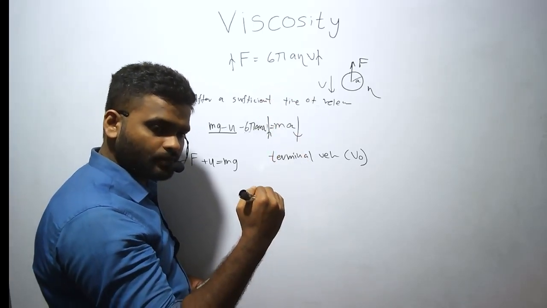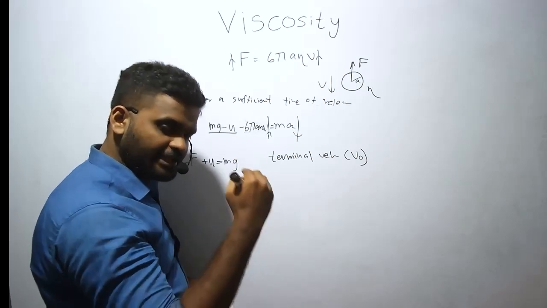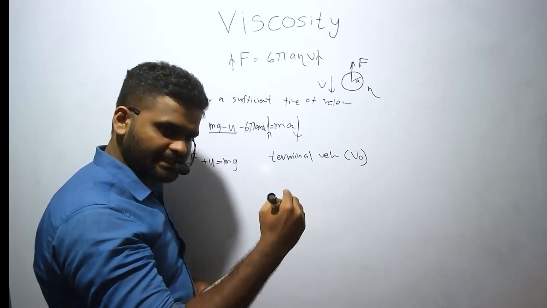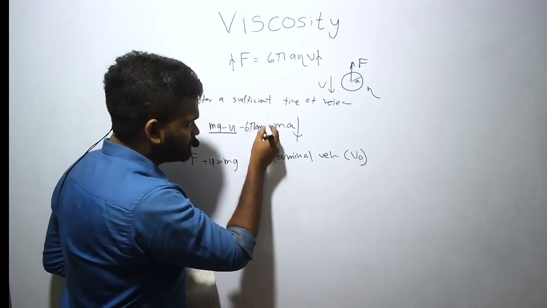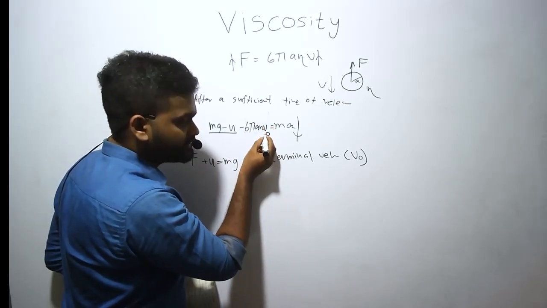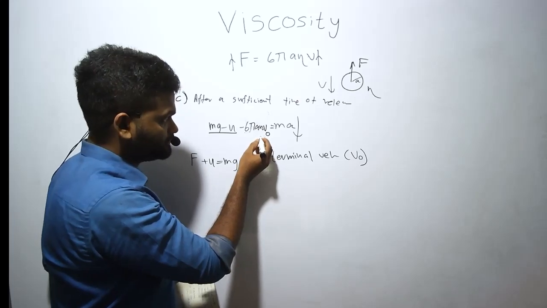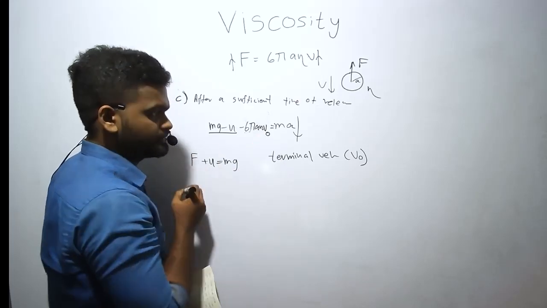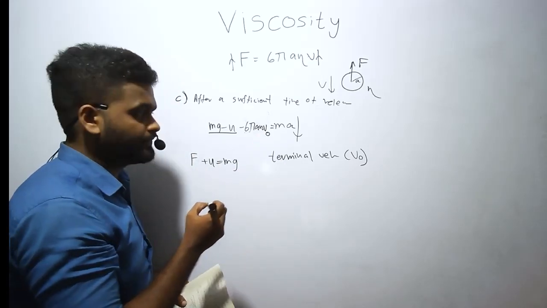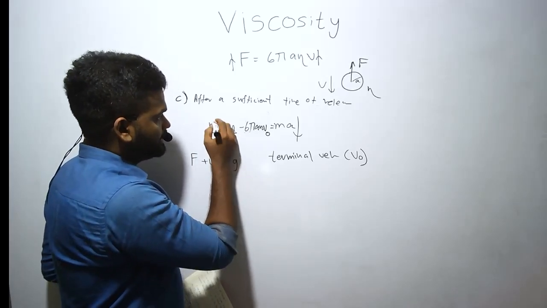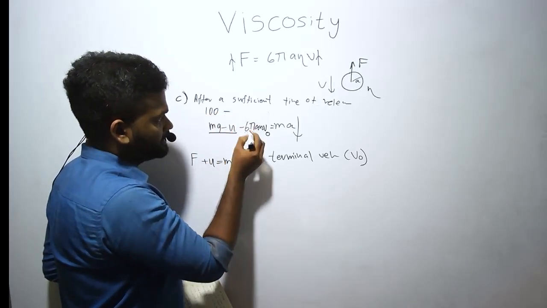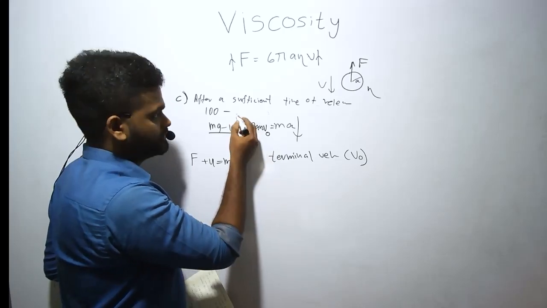And what? It keeps decreasing, right? Acceleration keeps decreasing. And it comes to a certain value, where the velocity is terminal velocity, V naught. At this value, what happens? Let's say this is 100. This also becomes 100.